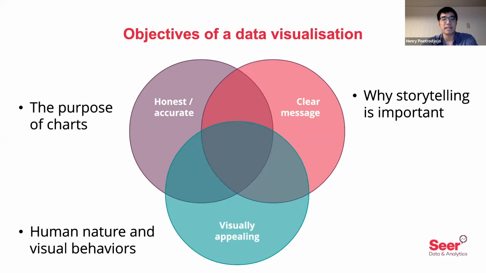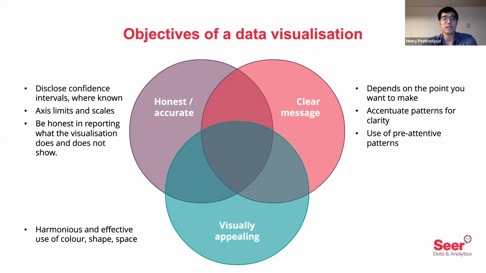If we expand a little bit on each of these points, when making charts, we want to be as honest and accurate as possible. A lot of deceptive charts can be accidentally made by not paying attention to the axis limits, and you should always be honest about the limitations of your data and what you can actually derive from them. To send a clear message, you also first need to be very clear about the story you want to tell in your head and the logical flow of the different sections in your story.